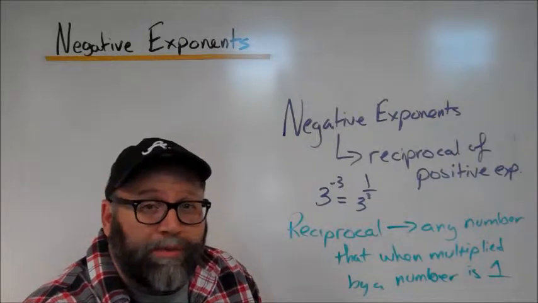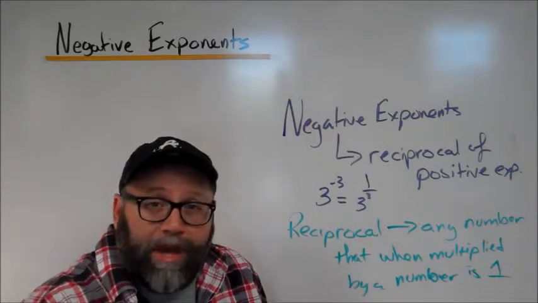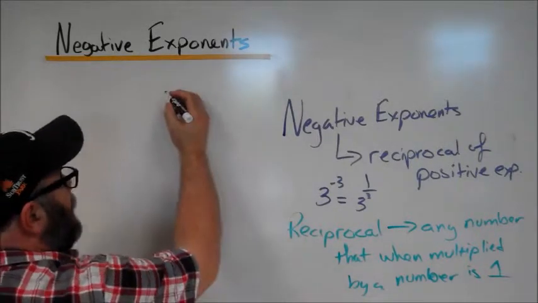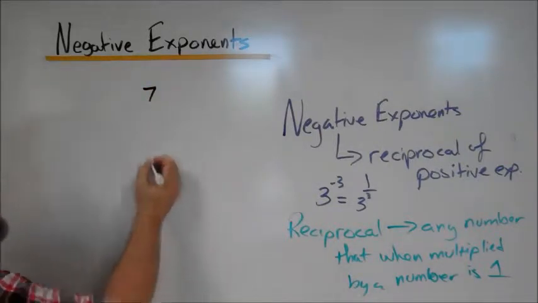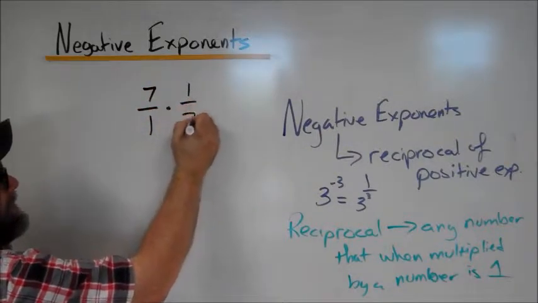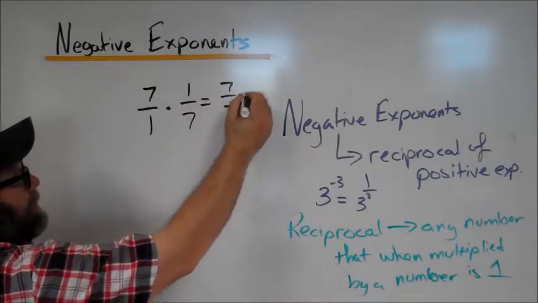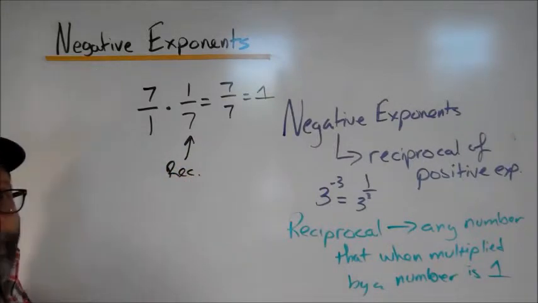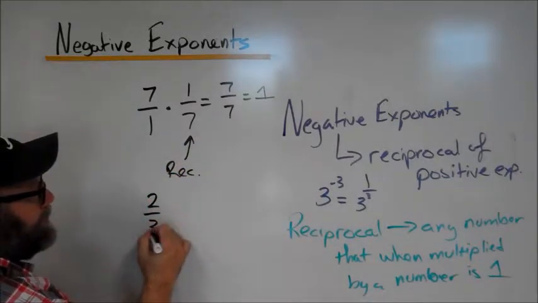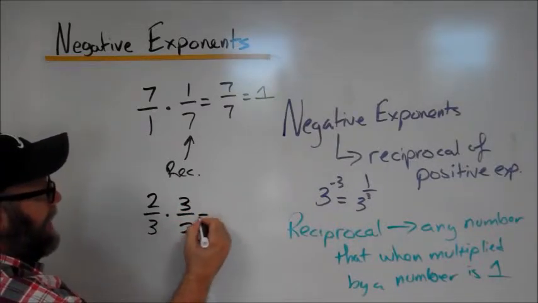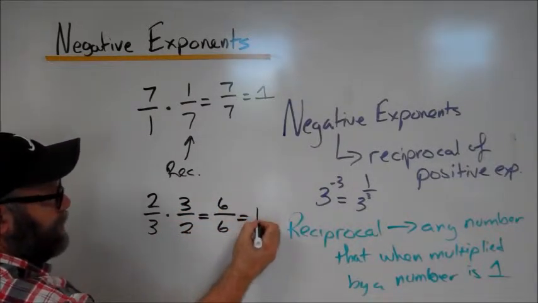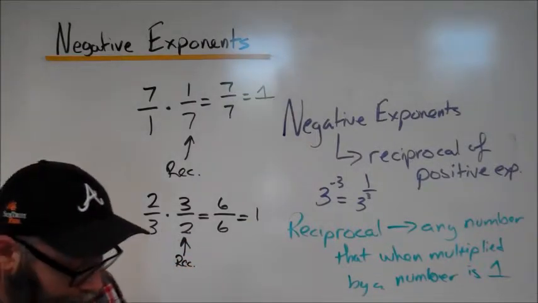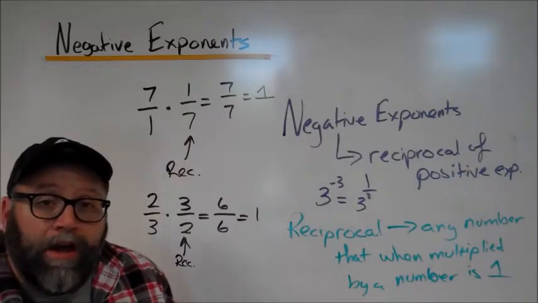But the truth about a reciprocal is any number that when you multiply it by another number, it becomes 1. So if we look at something like 7, if we multiply 7 times 1/7, we get 7 over 7, which is 1. That makes that the reciprocal. If I have 2/3 and multiply that by 3/2, I get 6 over 6, which is 1, which means that is the reciprocal of 2/3. Okay, good luck.